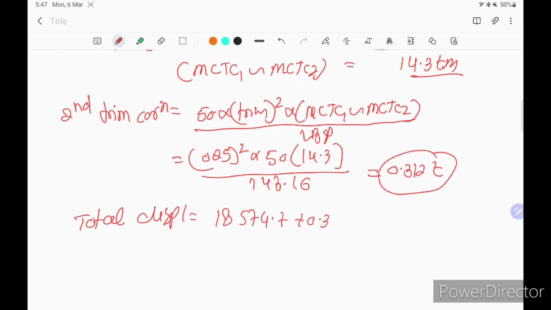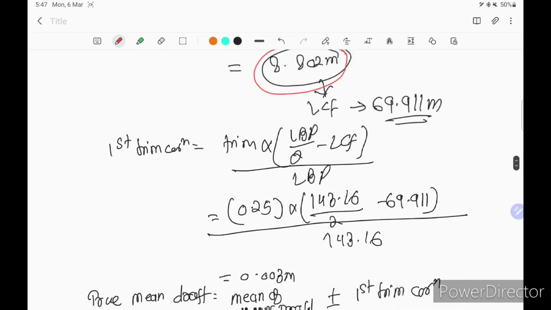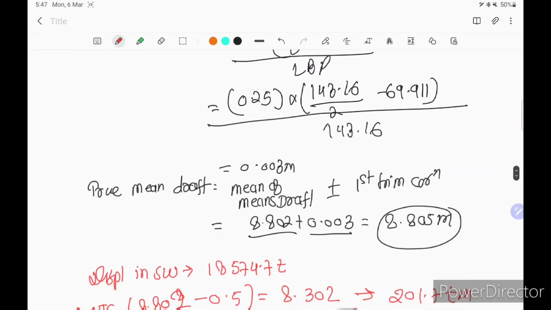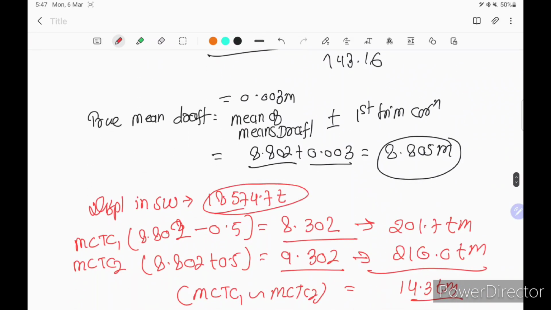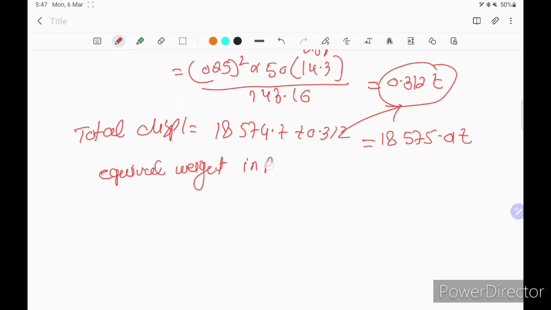Total displacement is 18574.7 plus 0.312. 0.312 is from here, and 18574.7 is the displacement for the true mean draft. So we get 18575.01 tons. Since the RD is changed, we'll change to the equivalent weight in RD 1.018.